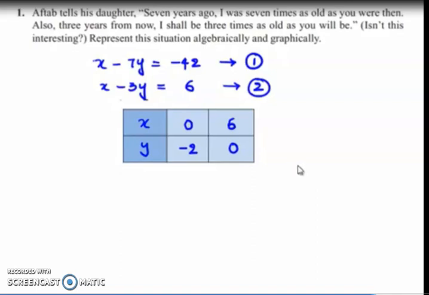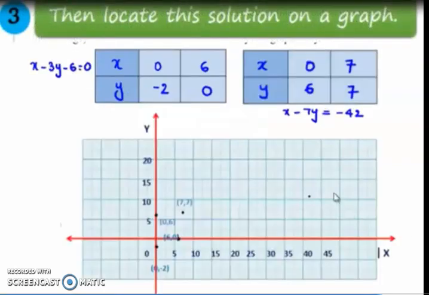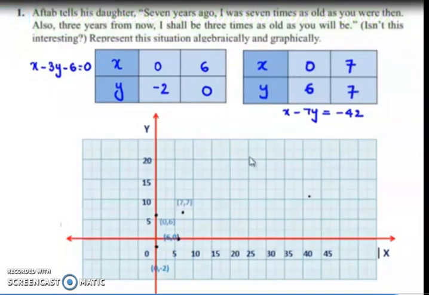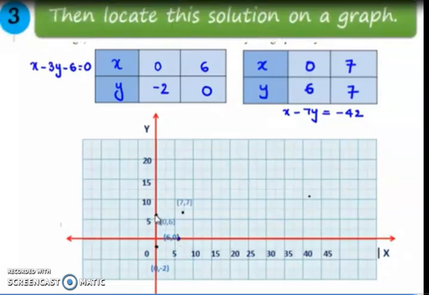Now I am plotting the graph using these solutions. Look at this solution on the graph. I have two tables for two lines. When x is 0, y is minus 2, and when x is 6, y is 0, so the points shown are 0, minus 2 and 6, 0. The second equation's solutions are 0, 6 and 7, 7.